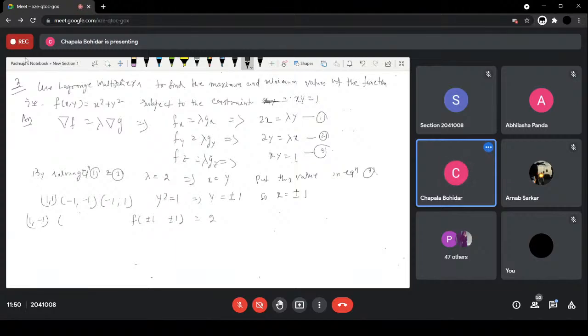Because it is square here, it is plus minus 1, plus minus 1, 2.